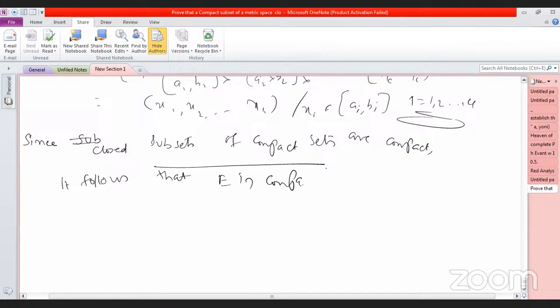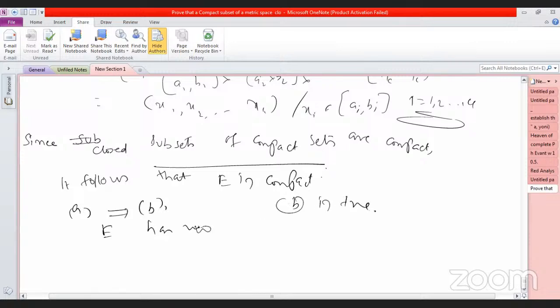I already told the compact definition earlier. So A is true, therefore it implies B, and B is true.